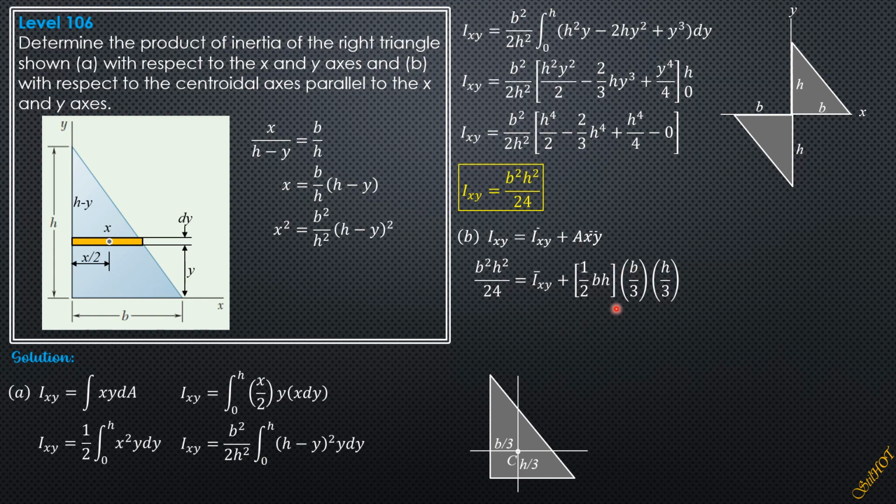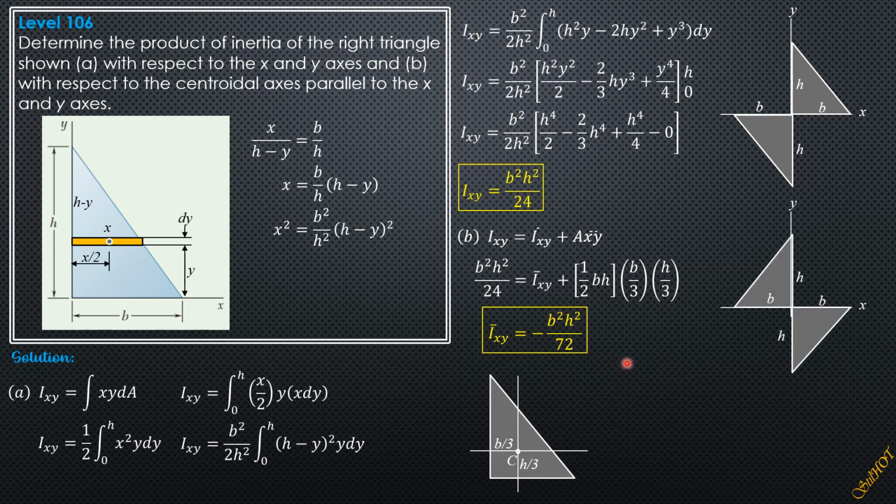So these are like terms. 1 over 24 minus 1 over 18 will give us negative b squared h squared over 72. So you have to be familiar with and memorize this, so that when the region consists of different shapes and a triangle is present in this orientation, then we can use the transfer formula, or the parallel axis theorem for product of inertia.